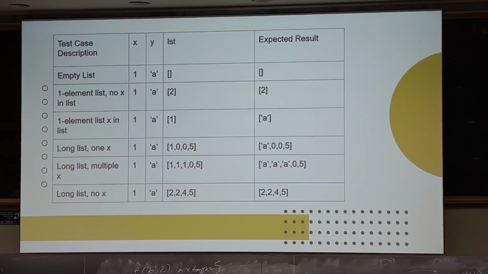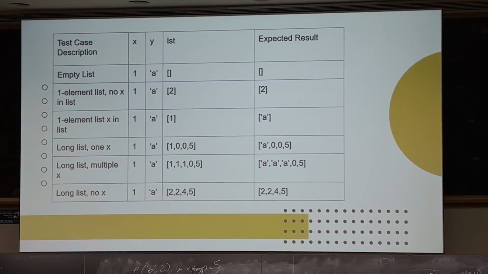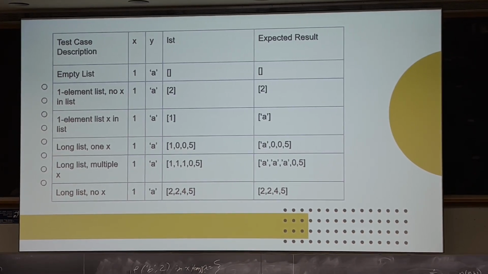The string is like A in the string. Oh, okay, yeah, I see what you're saying. You just meant a general string. Okay, yeah. So these are all the examples.